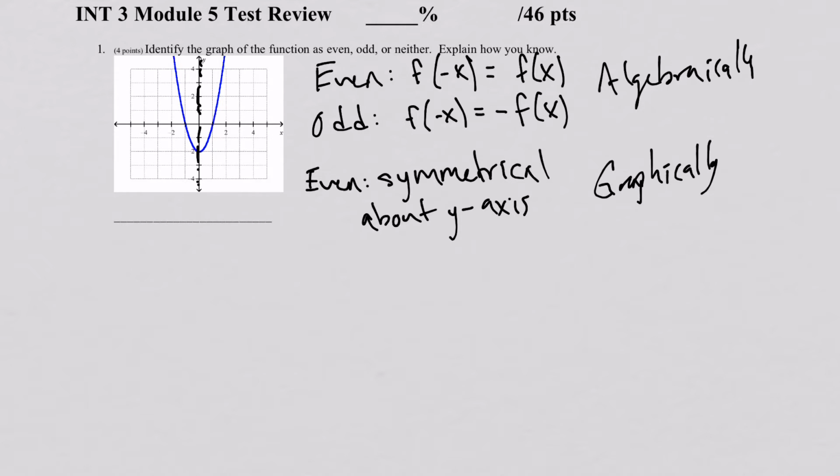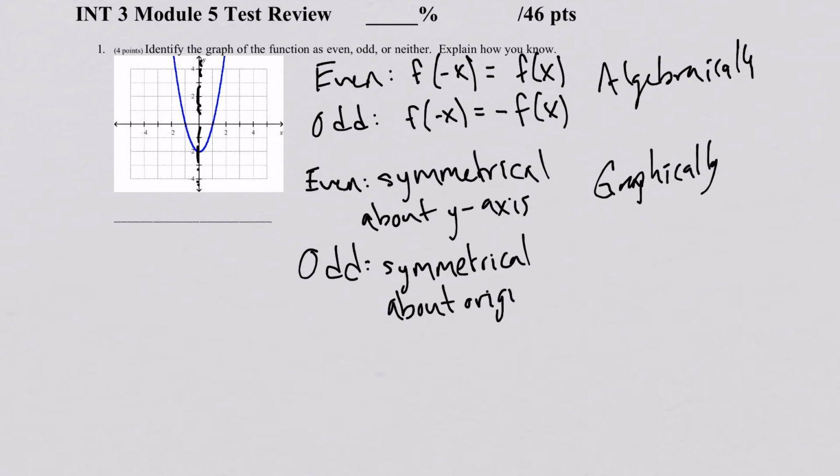Odd functions are also symmetrical, but not about the y-axis. They're symmetrical about the origin. So when you look at it, it doesn't actually look symmetrical.